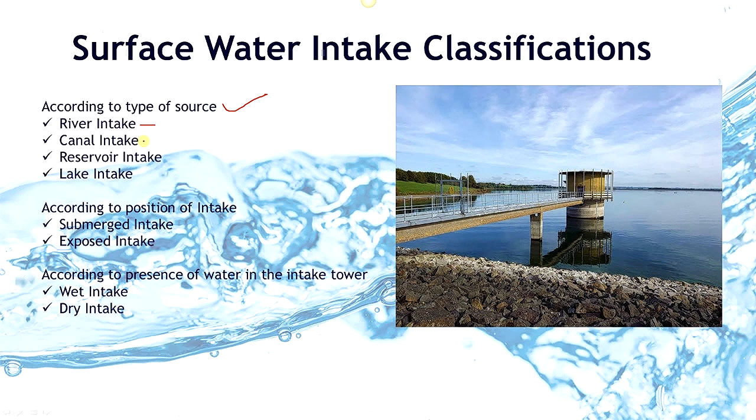Different kinds of intakes are constructed for different kinds of sources because these sources differ in the quantity of water available, their sizes, depth of water, and dirt or silt deposition, etc. So for different sources we have different types of intakes.